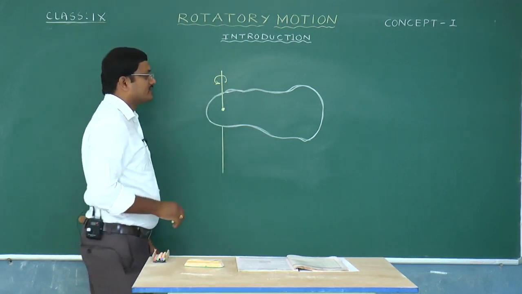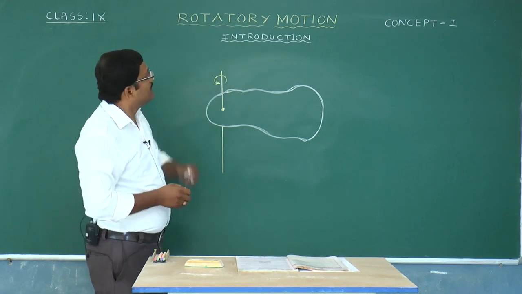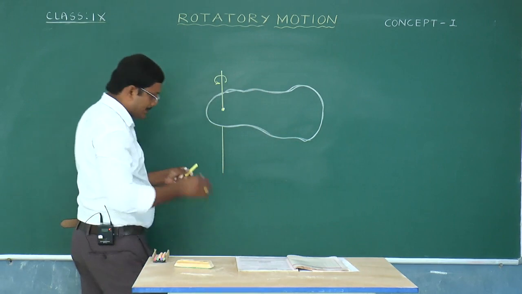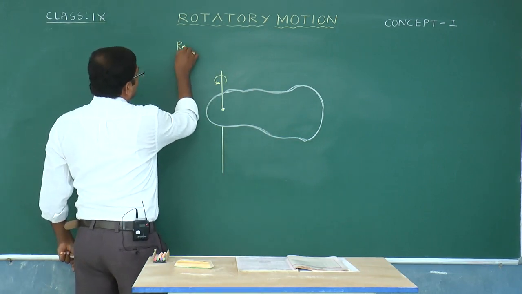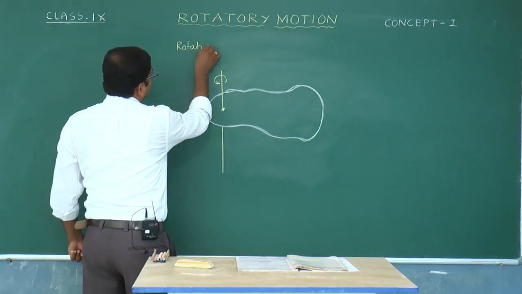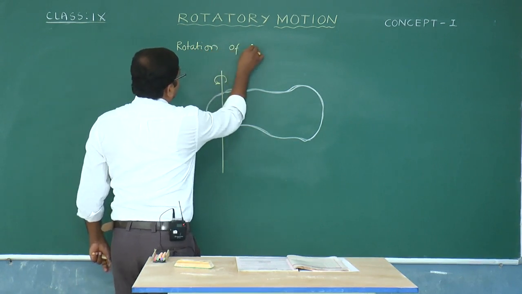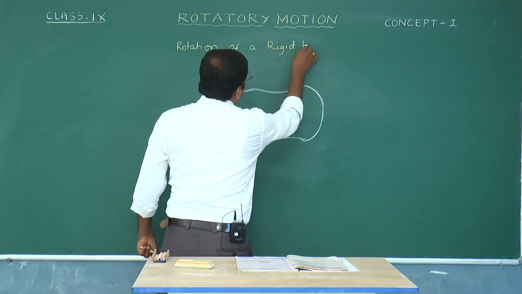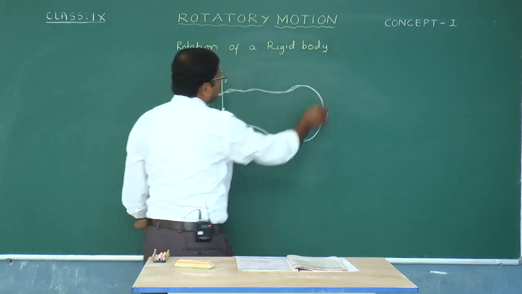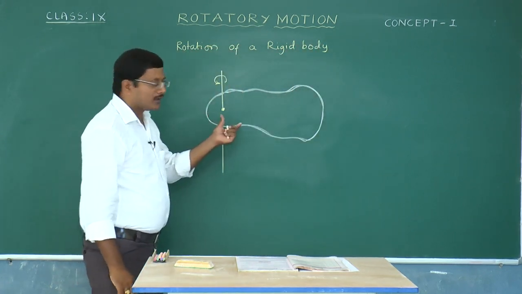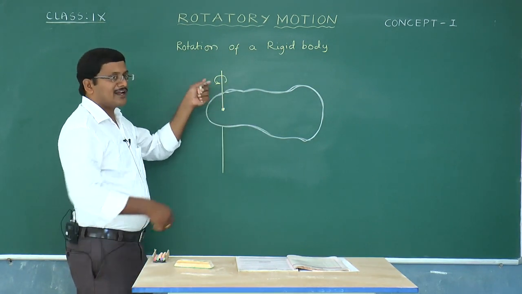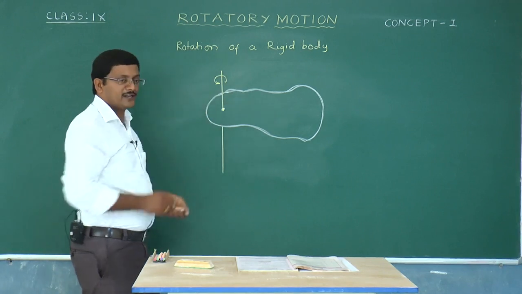As we have discussed already, this topic comes under rotation of a rigid body. I have taken a rigid body and fixed one axis over here, and I am going to rotate this in an anti-clockwise direction.